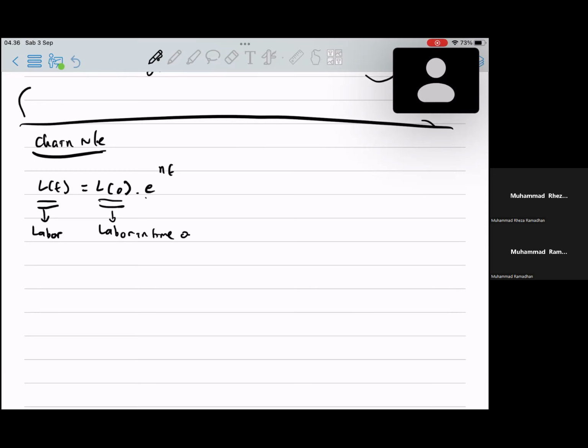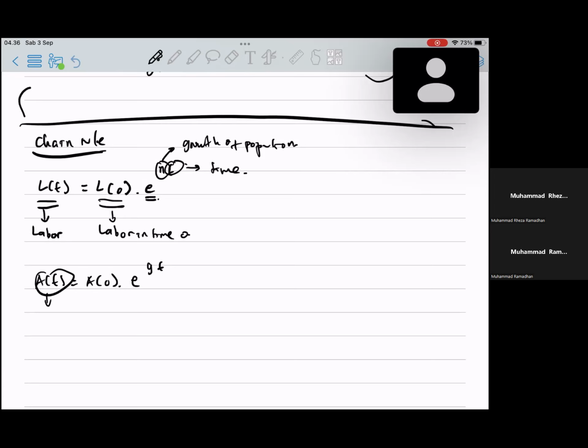And e is the exponential term to the power of nt. n is the growth of population, and t is time. And you have A_t is equal to A_0 multiplied by e to the power of gt.